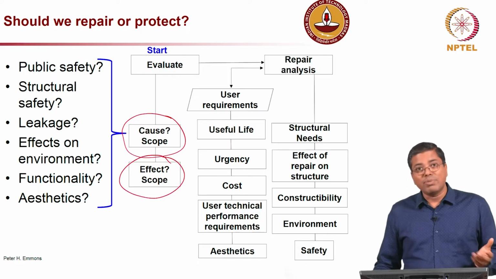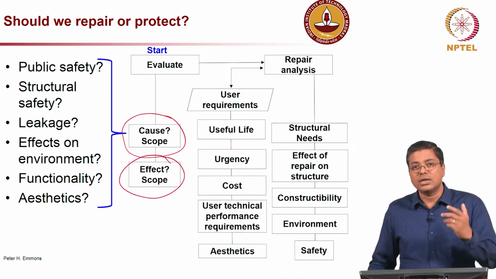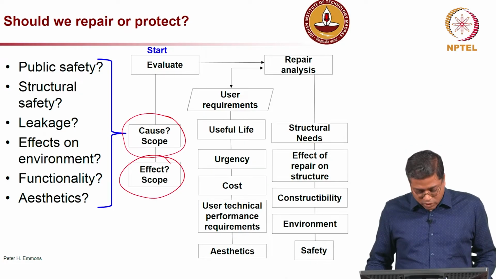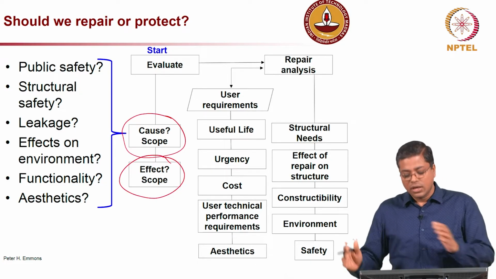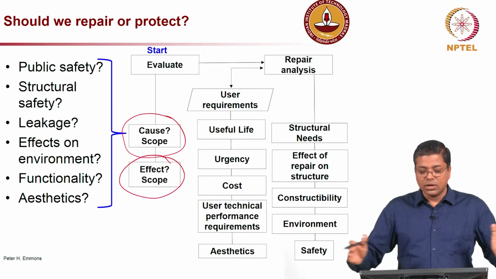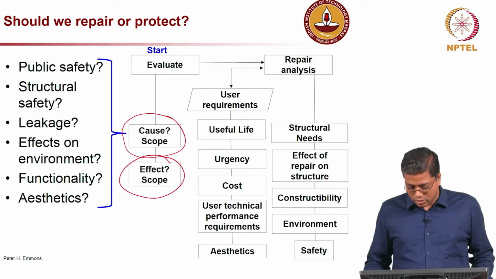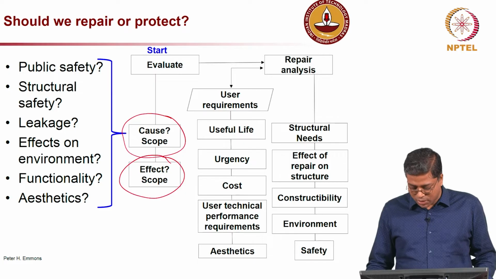Sometimes you have to go for a pilot work and see whether the repair work you are suggesting is actually good for the entire structure, and then go for a larger portion of the structure. It is all a time-consuming process, but judicious judgment has to be made.